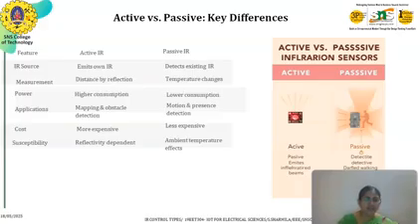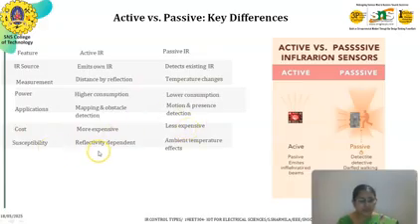The power consumption of active IR is higher and passive is lower. The cost is more expensive in active IR and less expensive in passive IR.